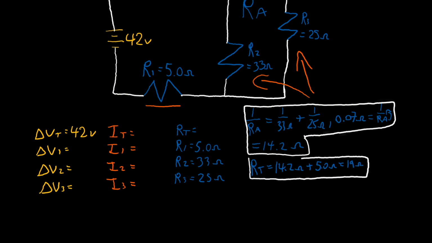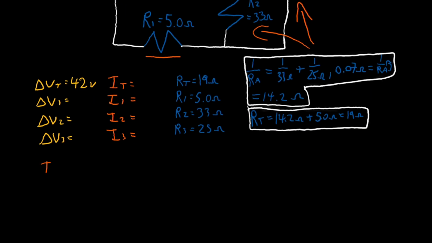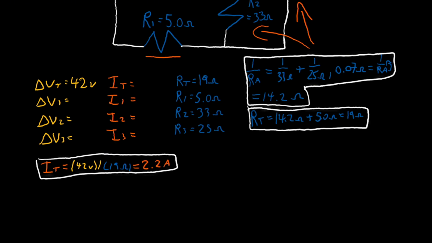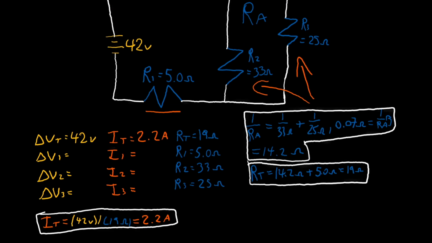Now that we have the total voltage as well as the total resistance, we can find the total current. And so IT equals 42 volts divided by 19 ohms, which equals 2.2 amps. Now, if you remember, for a series circuit, the total current equals the current at each resistor, but that's just for a series circuit.